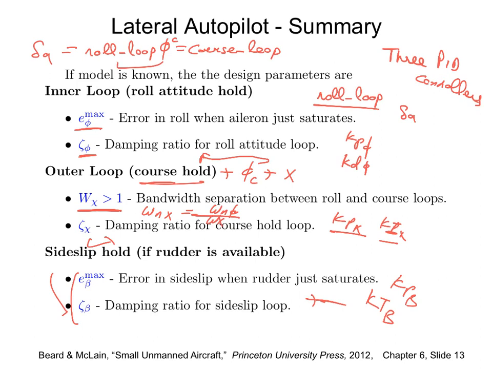The phi commanded then goes to the roll loop, and then you compute delta A. And for the sideslip loop, the input is beta commanded and the output is delta R. Okay. So that's the idea. That's the summary of the lateral autopilot. When we see the MATLAB code, we'll see how it works. But that's the summary of it.